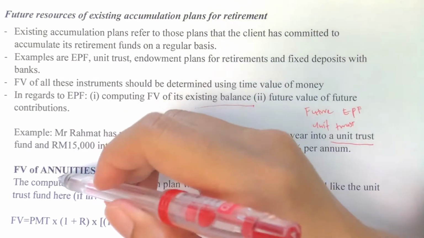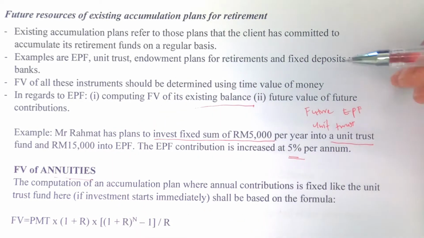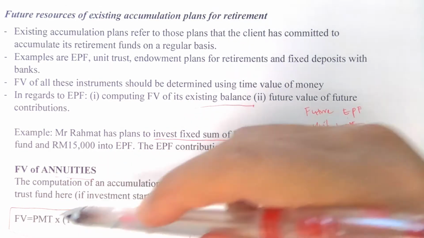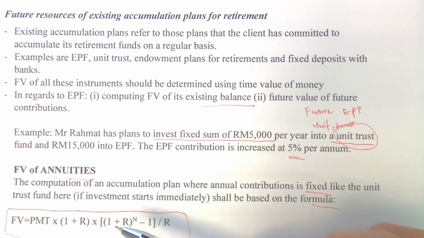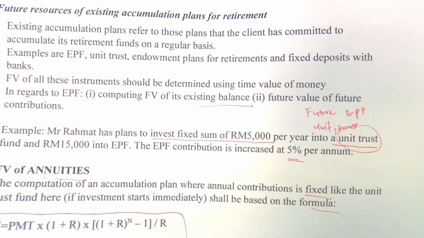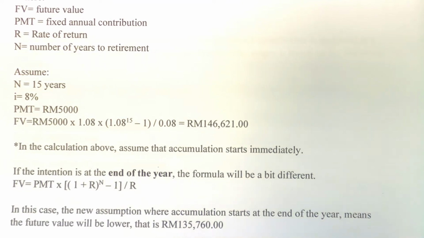So if you look at the FV of annuities, for us to calculate the unit trust, what will be the future value of the unit trust once you reach retirement? For the computation of an accumulation plan where the annual contribution is fixed, like the unit trust fund, we can use this formula: FV equals PMT times (1 plus R) to the power of N minus 1, divided by R. FV is the future value of the unit trust that we want to calculate.